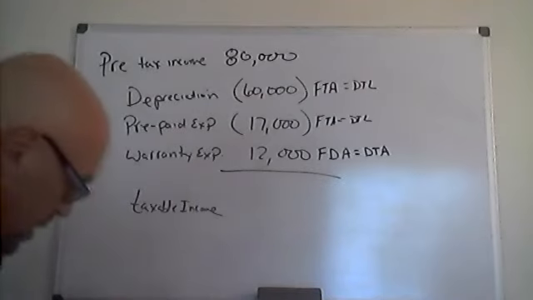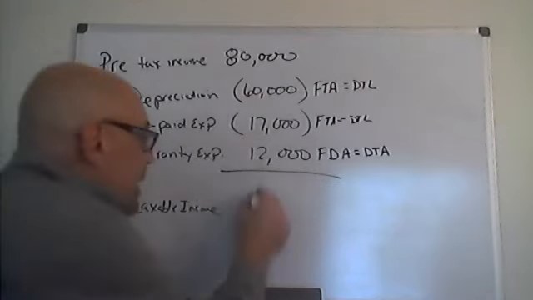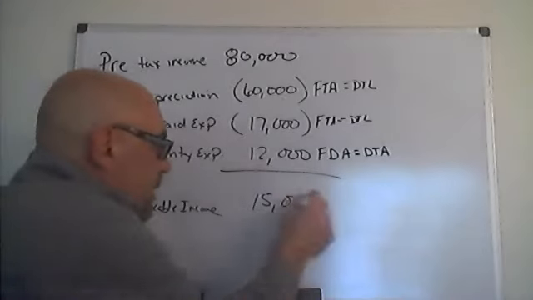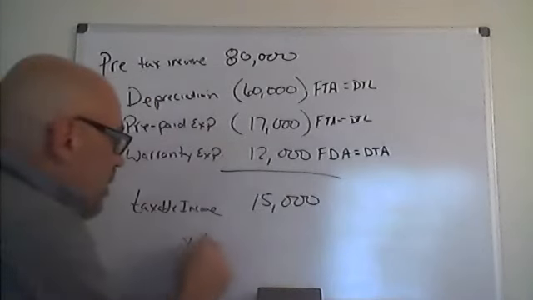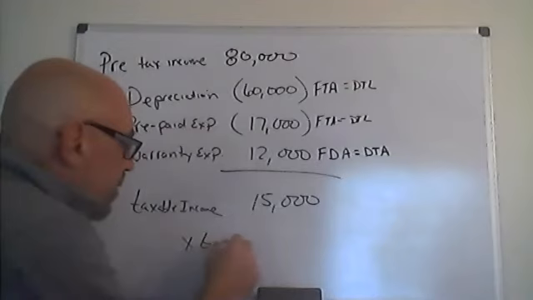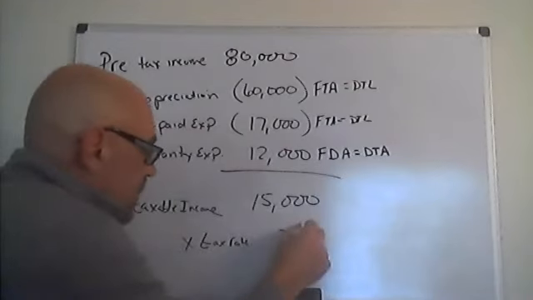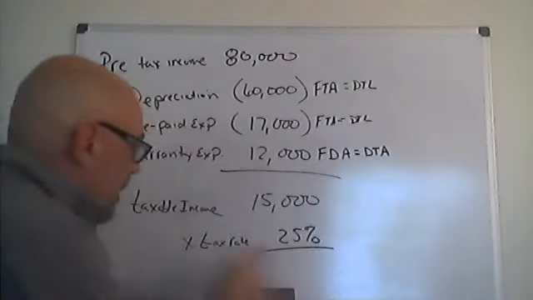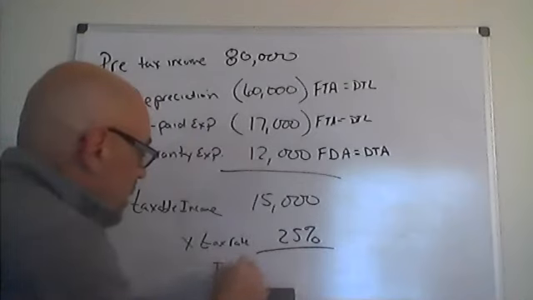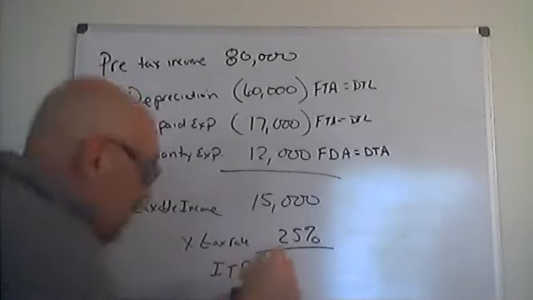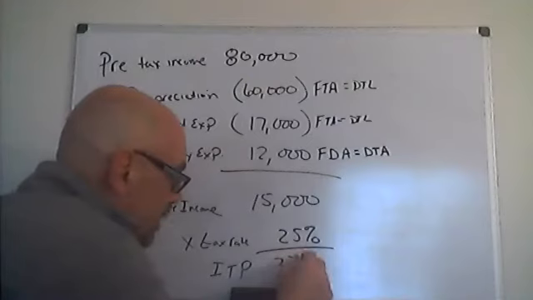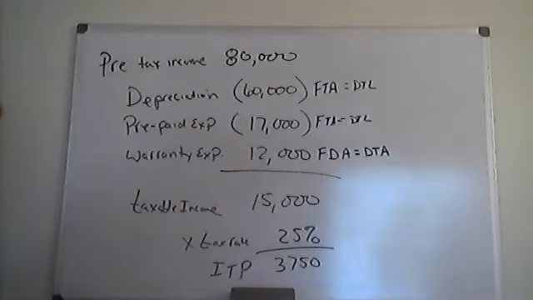We can go through, do the math on here, and we find out that our taxable income is $15,000, multiplied by the tax rate, which is given at 25%, gives us an income tax payable of $3,750.